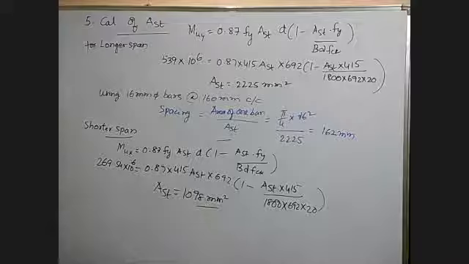Okay. So here AST is equal to 1098. Now we have provided the steel in the longer span direction, and now we are trying to provide the steel in the shorter span direction.